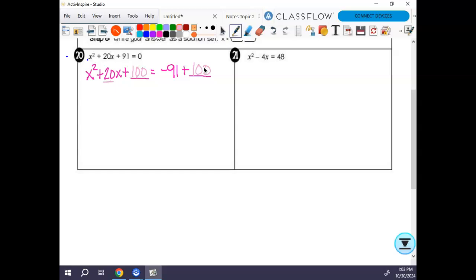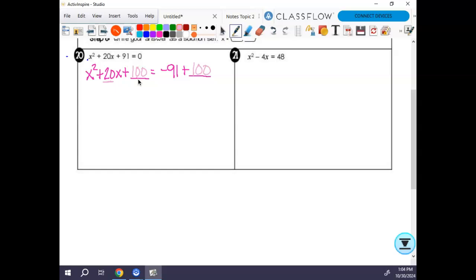Okay. On this first one, I think I'm going to write an extra step, well, no, I guess we don't need to. And we can combine this as we do it. But over here, this creates that perfect square trinomial. And the way you recognize a perfect square trinomial is that if you can take half of b and square it and get c, you have a perfect square trinomial.